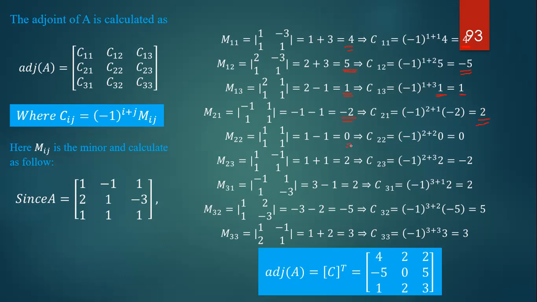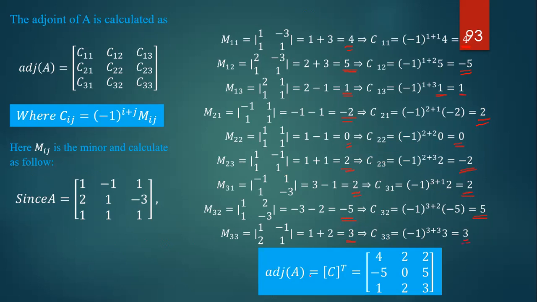It is 0, so it is already 0. M is equal to 2 for C23, which makes the C negative. 3 plus 1 is 4, which makes it positive. Minus 5: 3 plus 2 is 5, positive. And 3 plus 3 is 6, so it is positive.